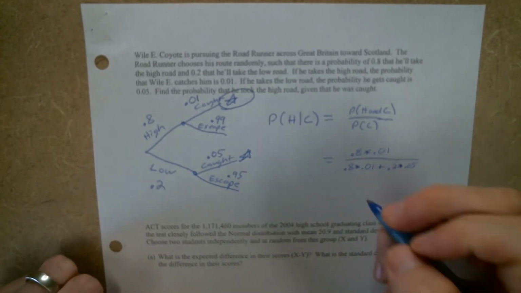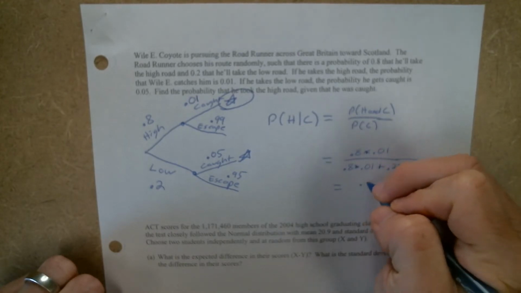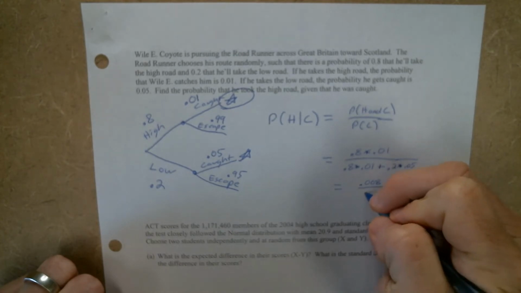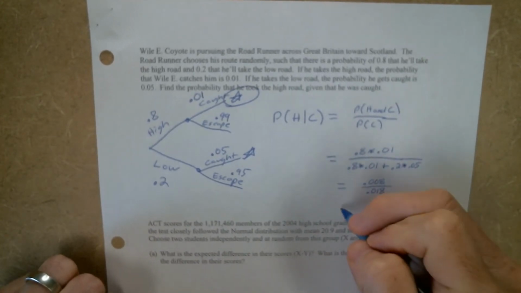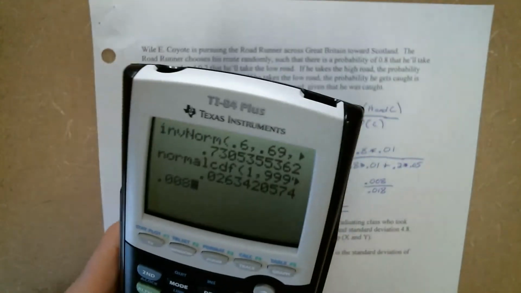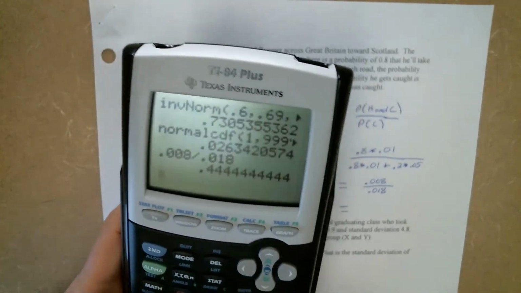So what is that going to give us? It's going to give us 0.008 over 0.018, which is going to end up giving us, let's see, where's my calculator? 0.008 divided by 0.018 is a bunch of fours.